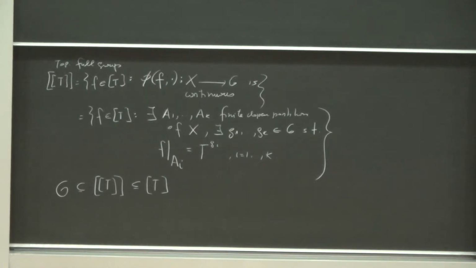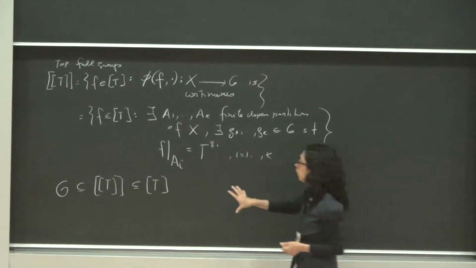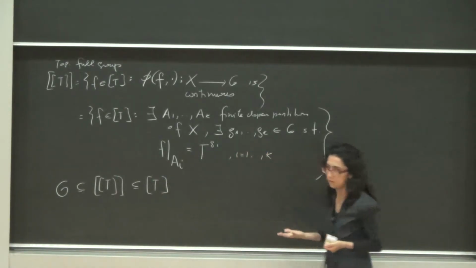And the dimension group, in some sense, is very easy to compute because you take the Bratteli diagram and you define the dimension group as a direct limit. Here it's not the case. This group is more complicated.